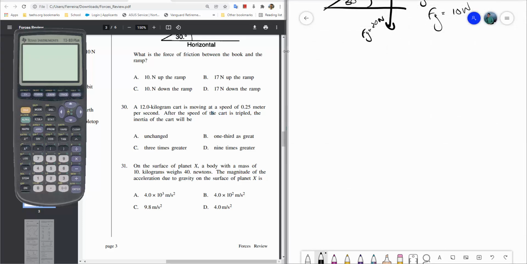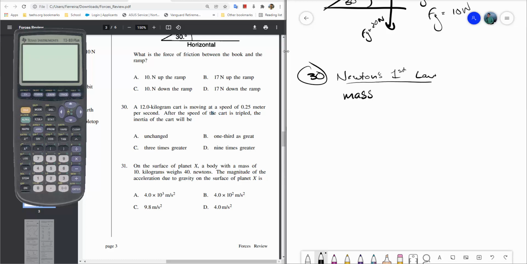30. A 12 kilogram cart is moving at a speed of 0.25 meters per second. After the speed of the cart is tripled, the inertia of the cart will be what? So this is Newton's first law. Basically, an object in motion stays in motion, and that has to do with the object's mass.